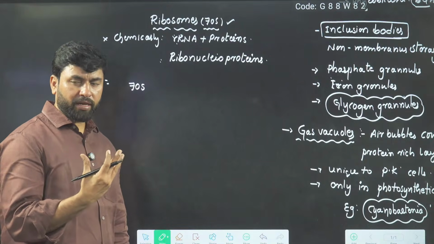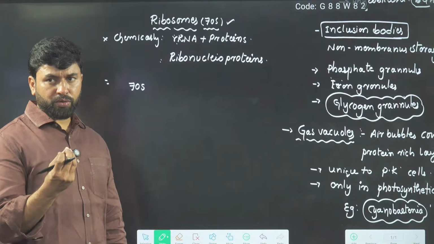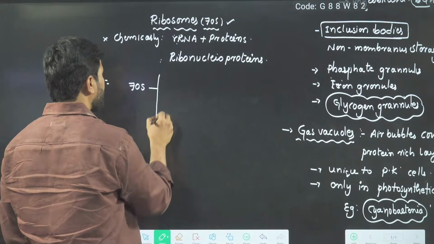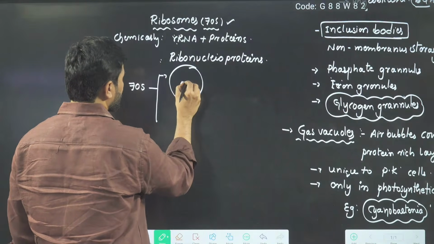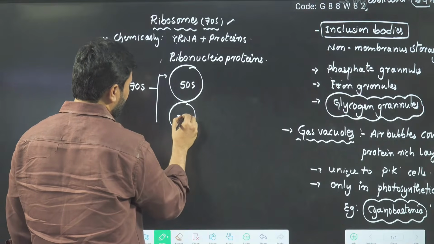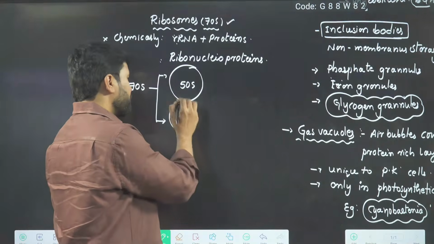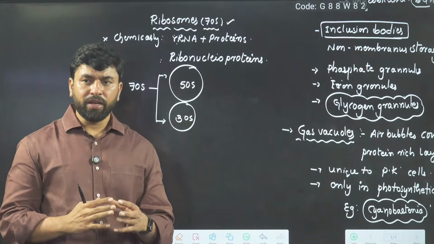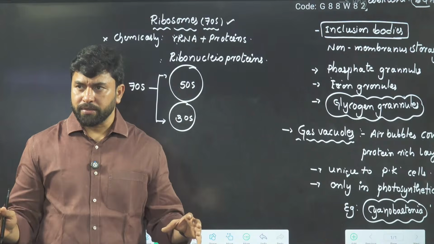You might know that the Svedberg unit is a unit for sedimentation coefficient. Now, the 70S ribosomes have two subunits. A larger subunit known as 50S, the smaller subunit known as 30S. Remember, these larger and smaller subunits, in a non-working or inactive state, are present as separate bodies.